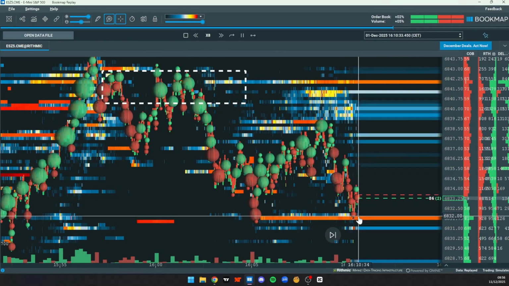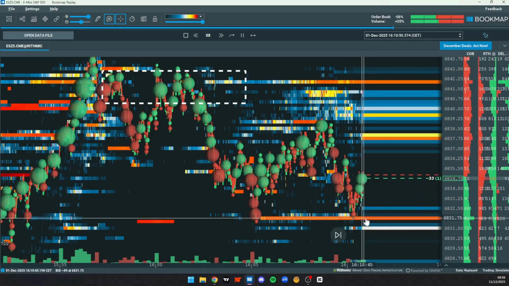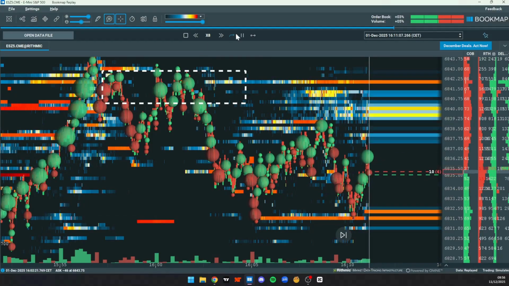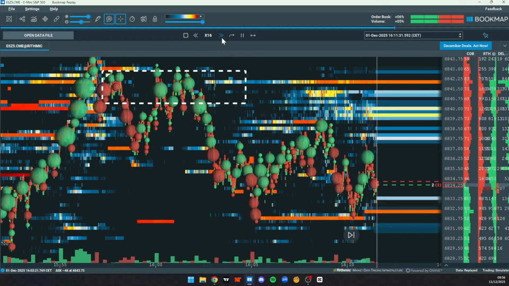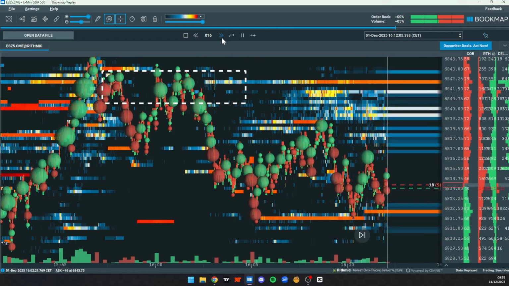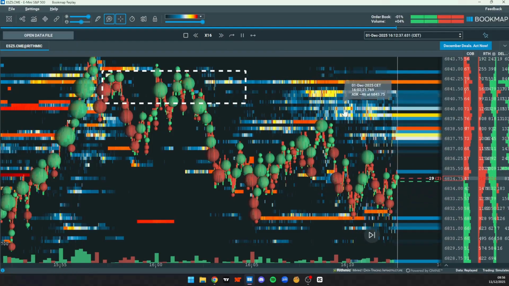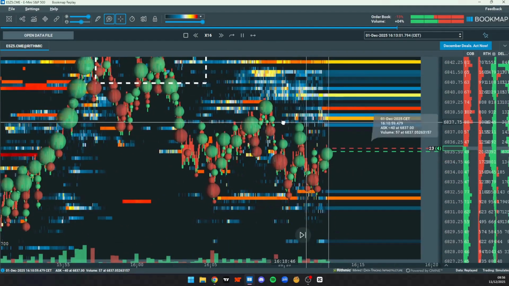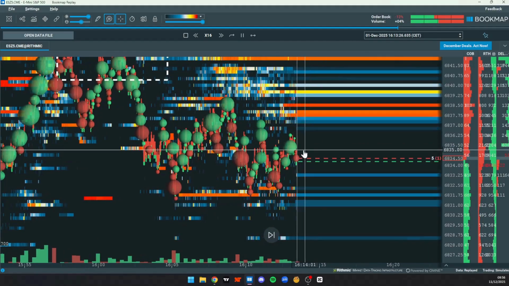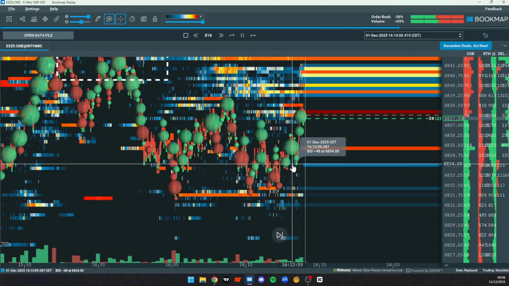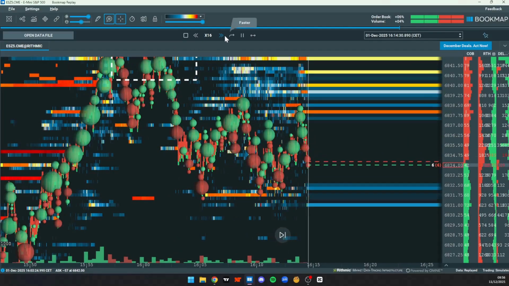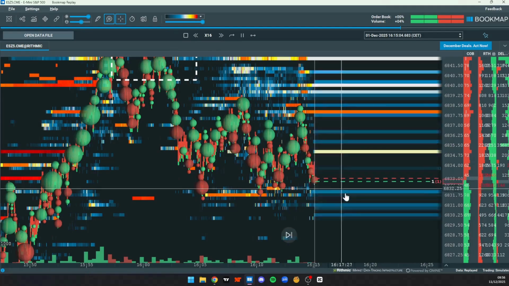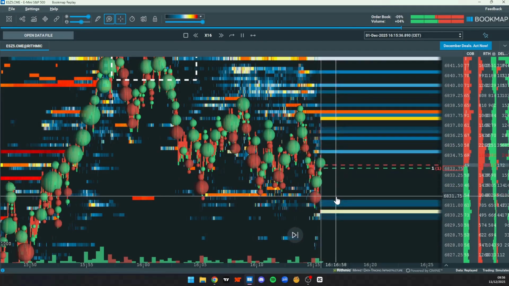So here's where I would take partials. Once this bid gets filled, it's really having a hard time to go to the 31s and get another retrace. And finally, we're there. Partials taken.